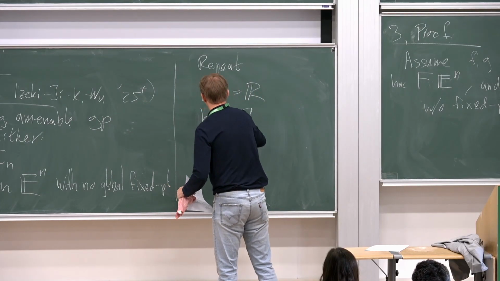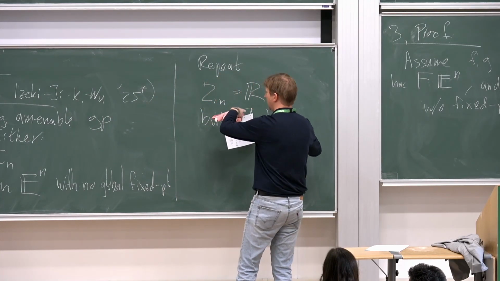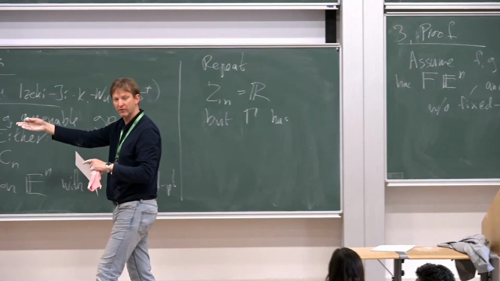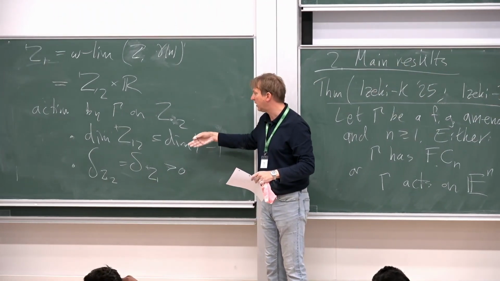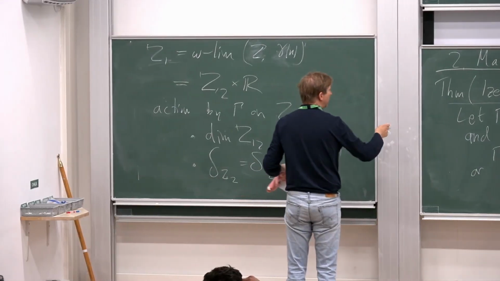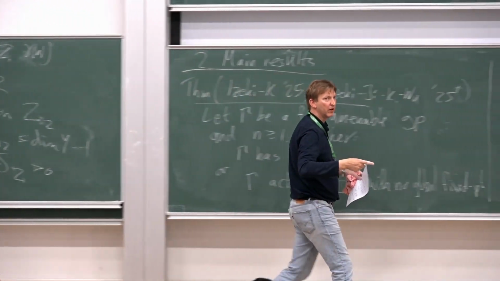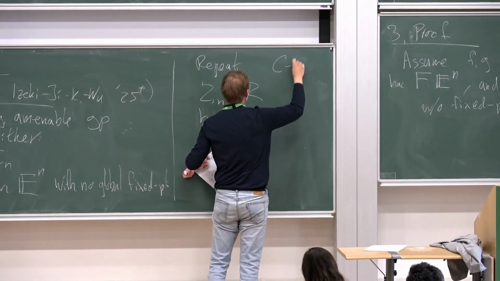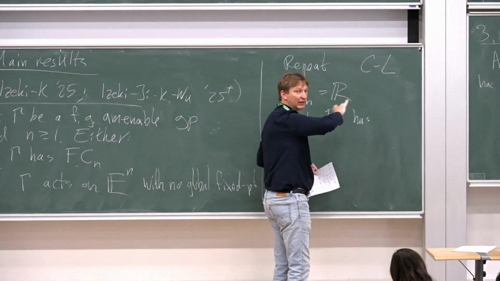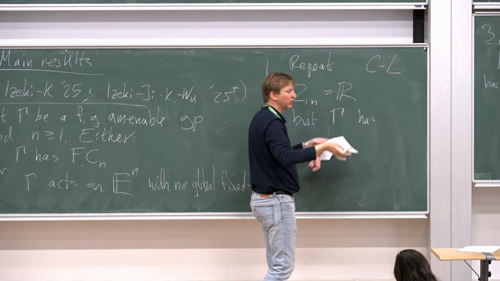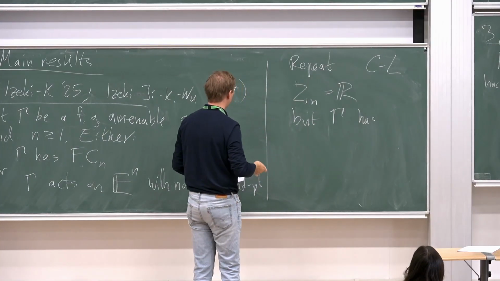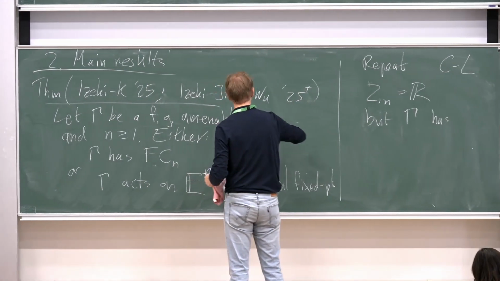Okay, but gamma acts on this, but all the time delta was positive, so there's no fixed point. This always guarantees there's no fixed point, so when I say repeat, we use, again, amenability to get that there's no flat, right? No fixed point, no flat. The fixed point is at infinity, and then you do the scaling again, or limit.